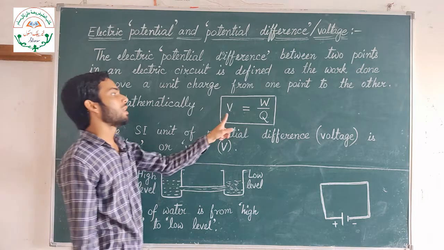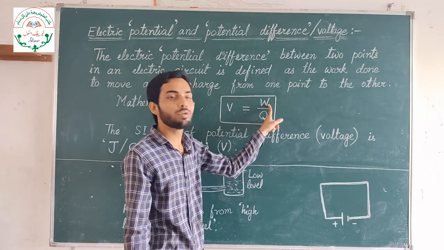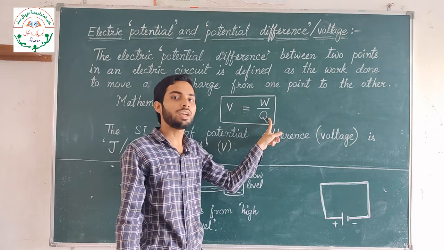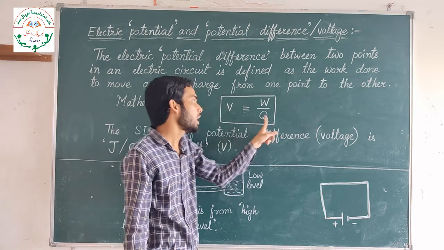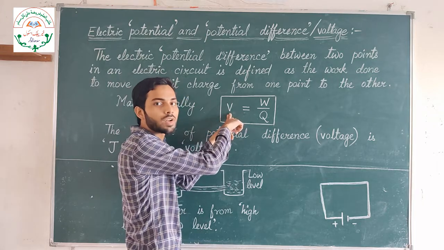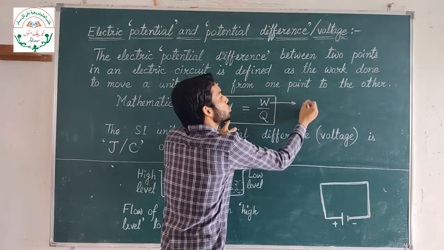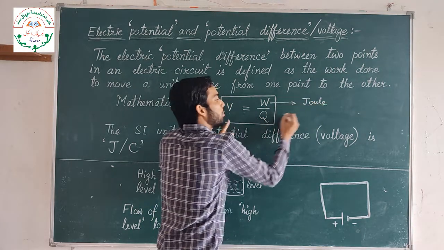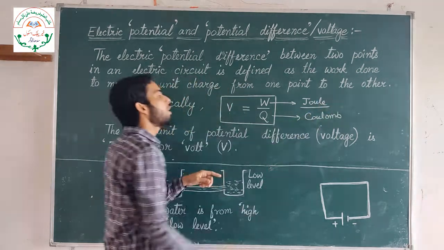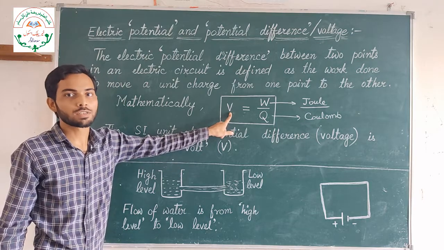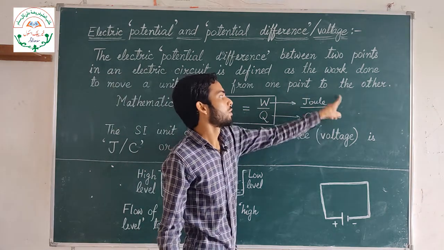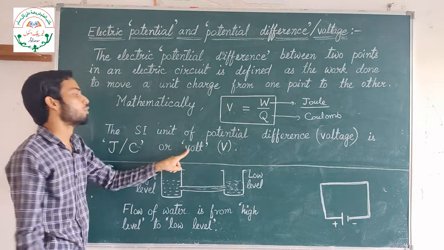Now, as we can clearly see, the SI unit of work is joule and the SI unit of charge is coulomb, as we already discussed in our previous video. So we can conclude that the unit of voltage or potential difference is joule per coulomb. There is a special name for this unit. Joule per coulomb is also called volt.